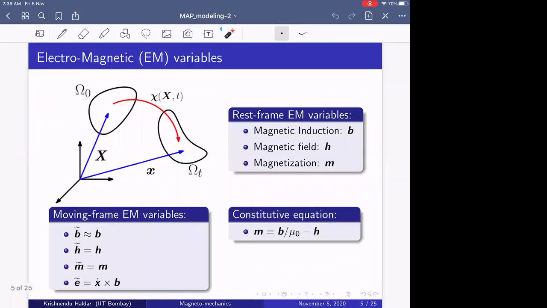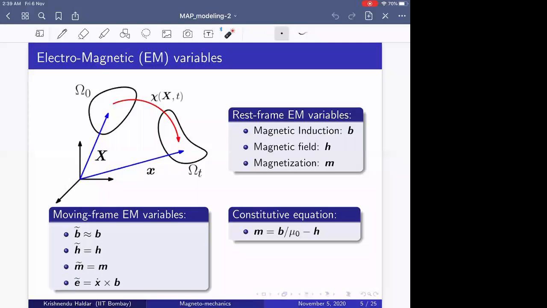Before going there, I would like to introduce all the associated variables used in the modeling. This is a continuum based modeling, so you are familiar with these potatoes. At t equal to 0, you have this configuration.